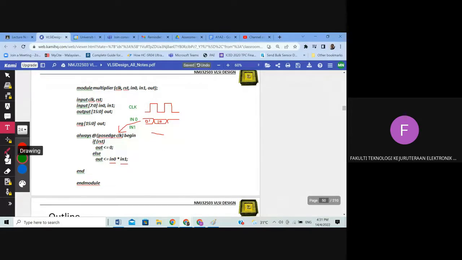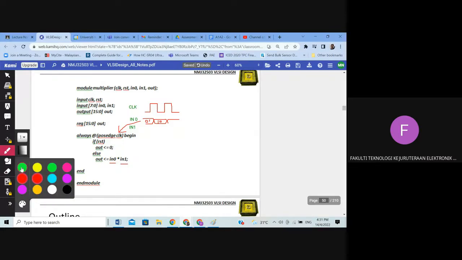And then we can start drawing the input. Let's say this is input number 2, and the data is, for example, 1, 1, and here maybe 0, 1.